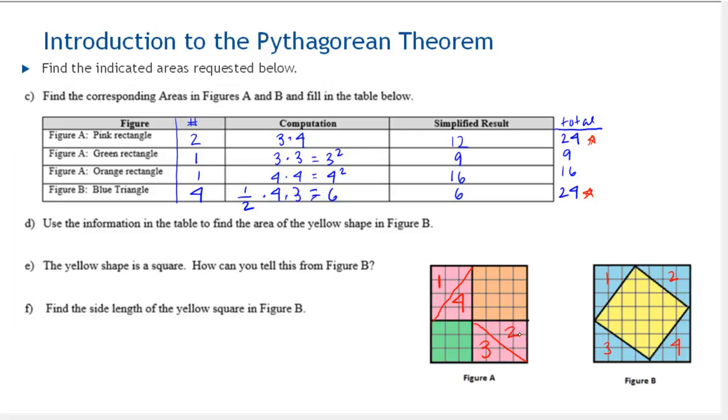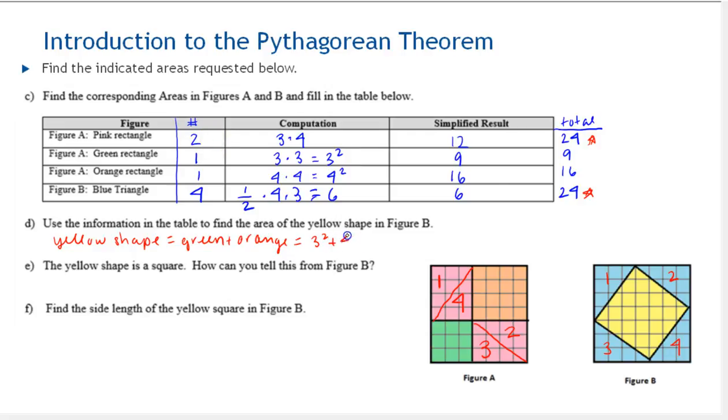Okay. Well, if these areas are equal, that means the yellow figure must equal the sum of these 2 pieces. So the yellow shape is equal to, we'll put the green plus the orange, which is 3 squared plus 4 squared.